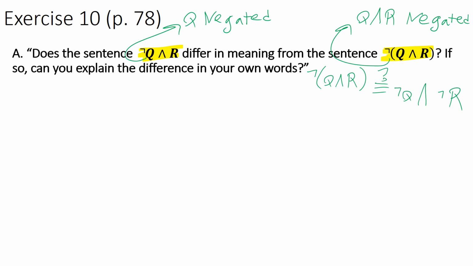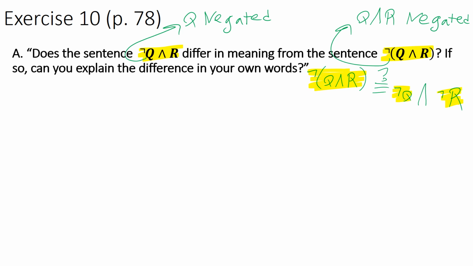On the left-hand side, we have Q and R, and that, so to speak, is being collectively denied. So we have not, parentheses, Q and R, close parentheses. That is, Q and R are not both true. Is that logically equivalent to, or by necessity entail, that Q is false and that R is false?